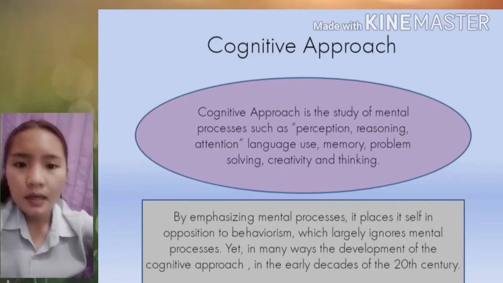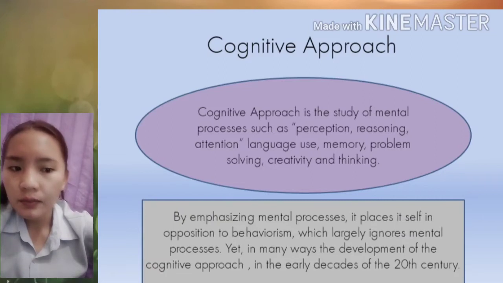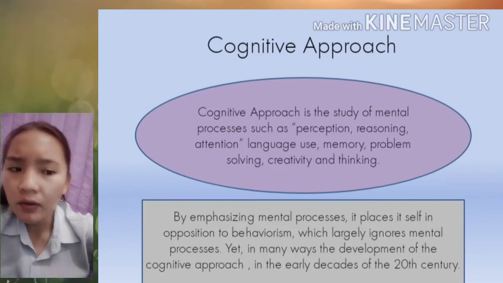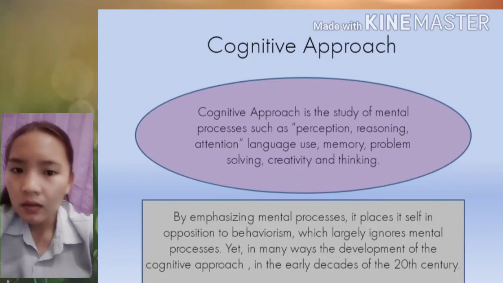By emphasizing mental processes, it places itself in opposition to behaviorism, which largely ignores mental processes. Yet, in many ways, the development of the cognitive approach began in the early decades of the 20th century.